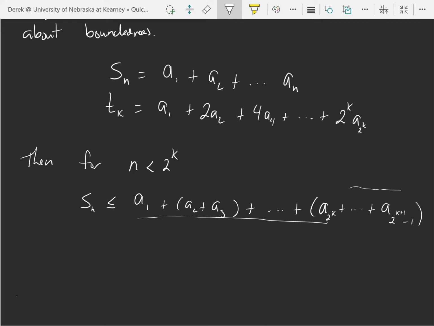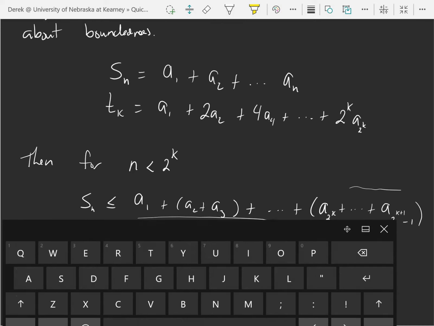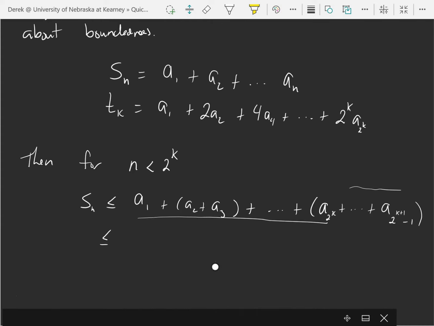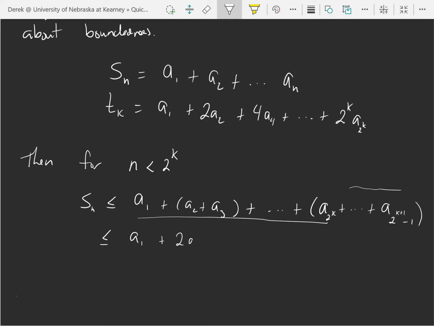Okay. But this is, by monotonicity, less than or equal to a sub 1 plus, since a sub 3 is smaller than a sub 2, the term on top is smaller than 2a sub 2, and that's what we're going to do for all of these.